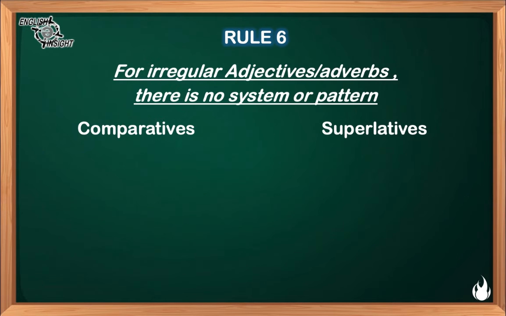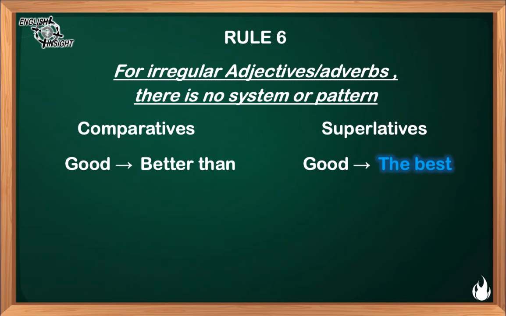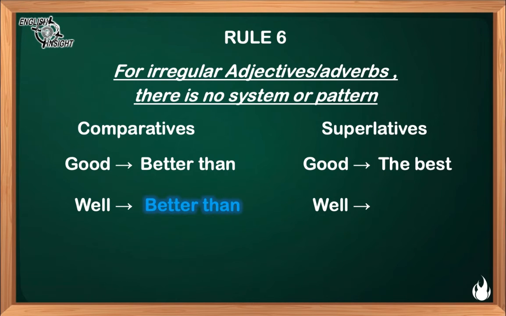Rule number 6. For irregular adjectives or adverbs, there is no system or pattern. Check the following. Good, the comparative, better than. Superlative, the best. Well, this is an adverb, the comparative, better than, and the superlative, the best.